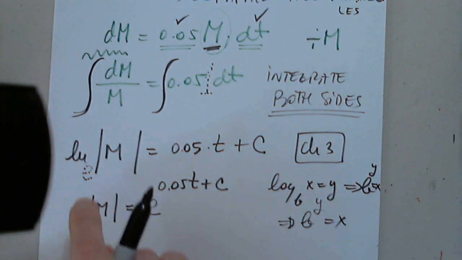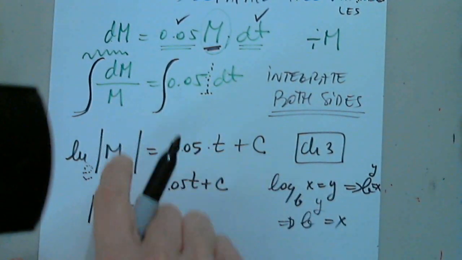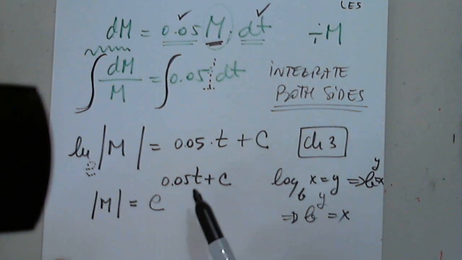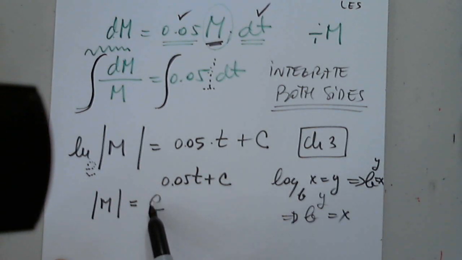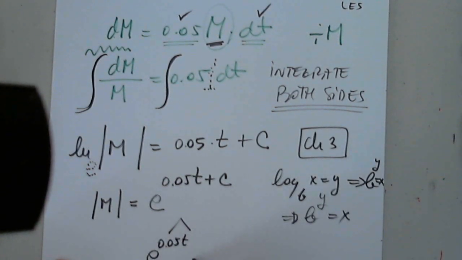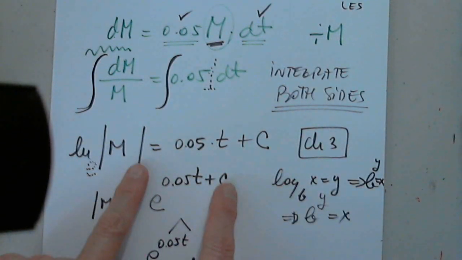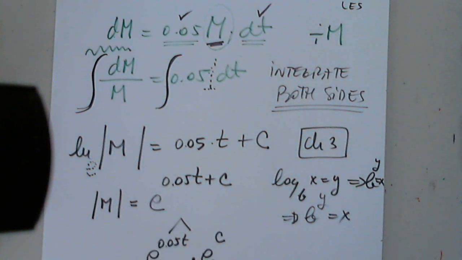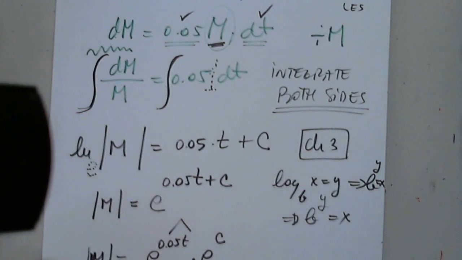Now, also remember when we have a base raised to a sum of two quantities, this can be rewritten as e to 0.05t times e to c. I can go back, copy the base, and add the exponents. So this is the absolute value of m equals e to 0.05t times e to c.